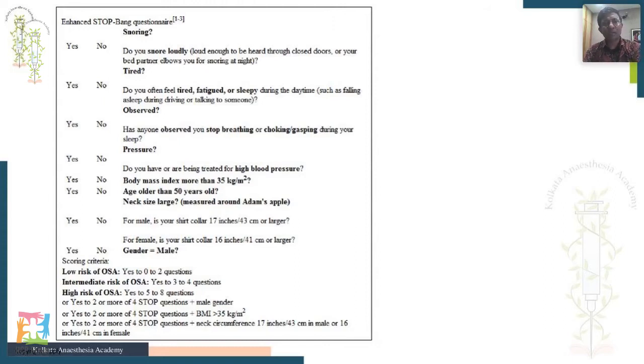If the score on the questionnaire is 2 to 4, with a male gender, there is mild risk. If the score is less than 2, it is low risk. Intermediate risk is between 3 and 4, and any score above 5 is a high risk.